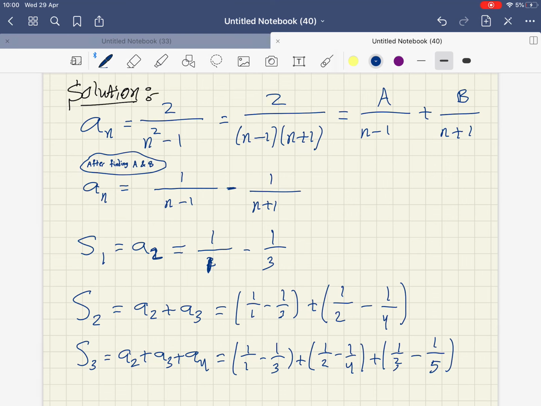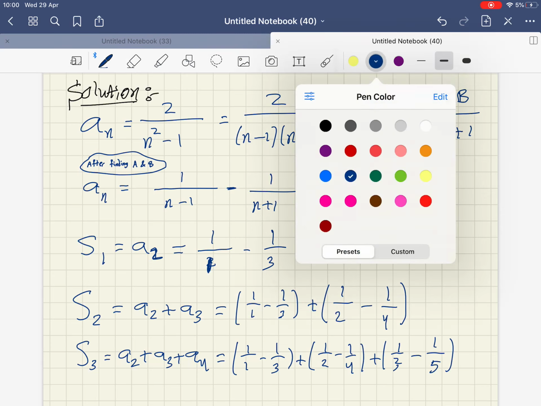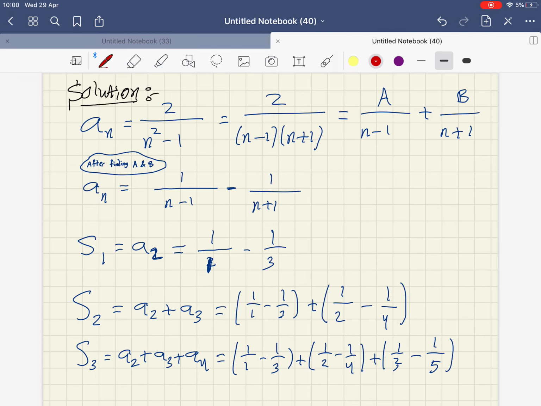And I think we can see the cancellation start to appear, which is the 1 over 3 definitely will get cancelled with the 1 over 3. So you can see who will cancel which one: the last term with the first term of the next one.